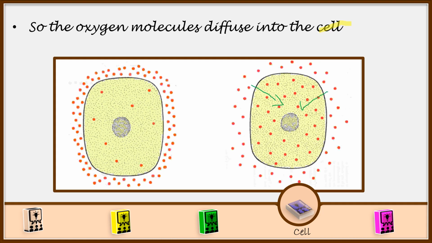And when do we expect diffusion to stop? Diffusion is going to stop when the concentration inside is equal to the concentration outside. So there will be an even distribution of oxygen inside and outside of the cell. That's when the oxygen will stop entering the cell.